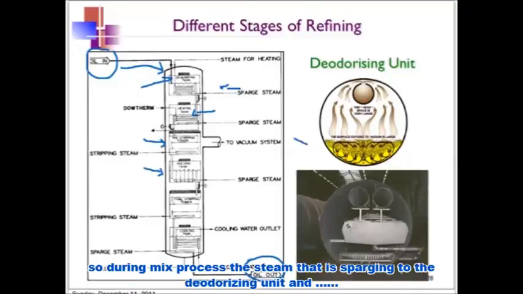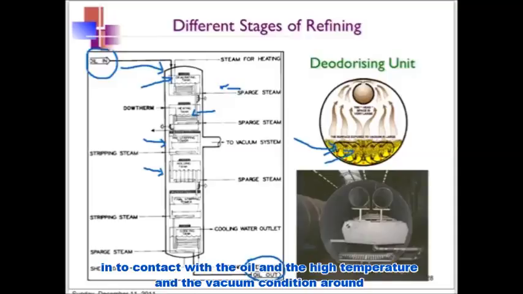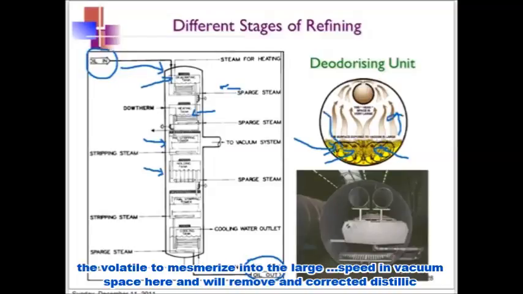During this process, the steam will be sparged into the deodorizer unit and will come into intimate contact with the oil, and the high temperature and the vacuum condition will allow the volatiles to vaporize into the large headspace vacuum space here, and will be removed and collected as distillate.